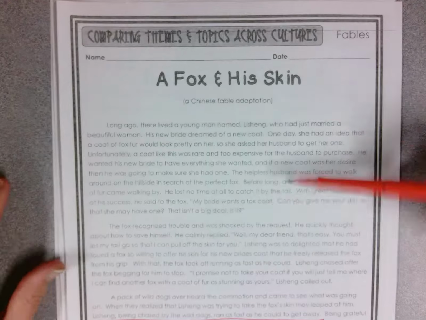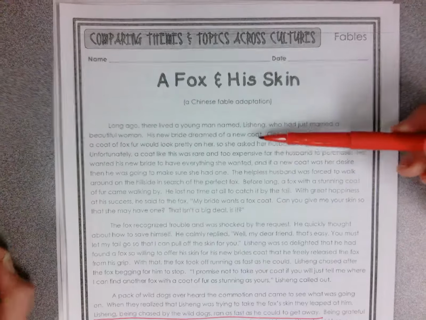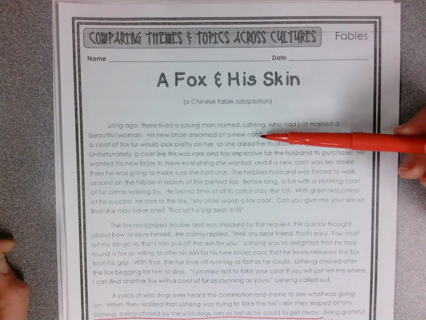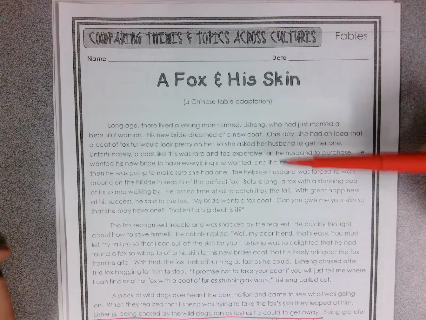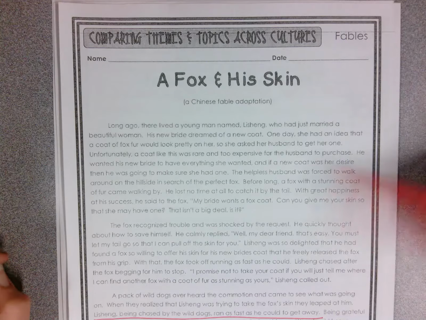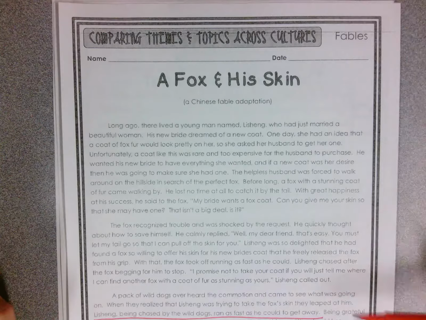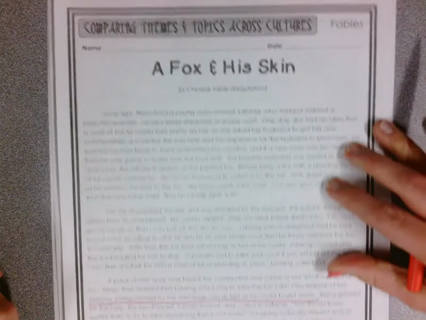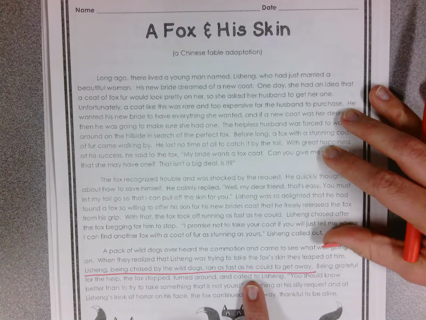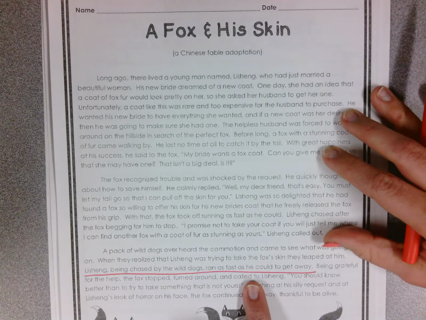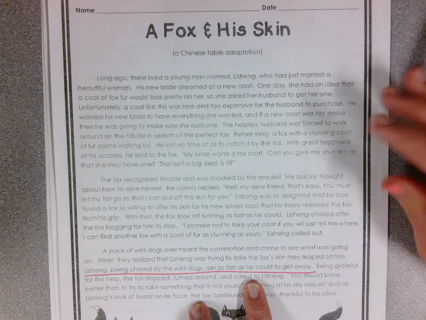So if I go back to "A Fox and His Skin," I'm remembering that this story is about Li Xing, and Li Xing wants a new coat for his wife that is made out of a fox skin. And he tries to get it from a fox here in this story, and in the end his negative consequence is that he's chased by wild dogs, which you can see down here. So I underline this because this is the negative consequence of what happens to him because he's being selfish.